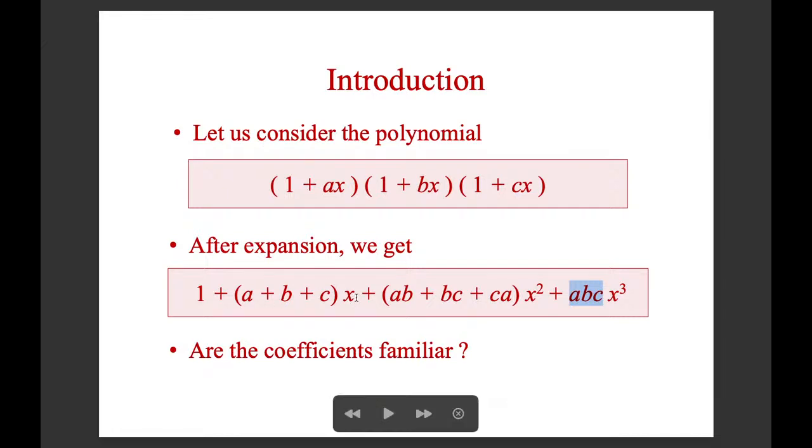So x to the power i, where i is equal to 1 or 2 or 3, talks about selecting exactly i objects. Here, x to the power 1 is 1 object, x to the power 2 is 2 objects, and x to the power 3 is 3 objects. This is something interesting.